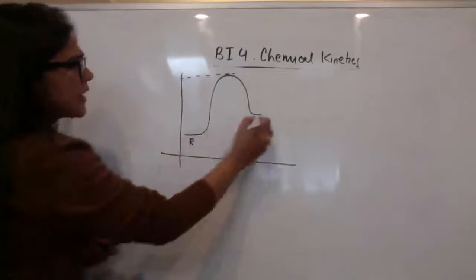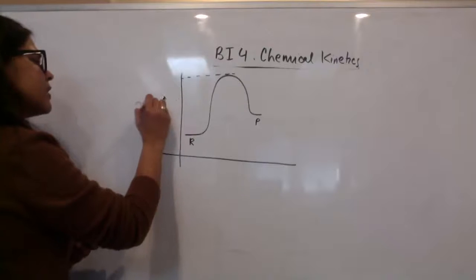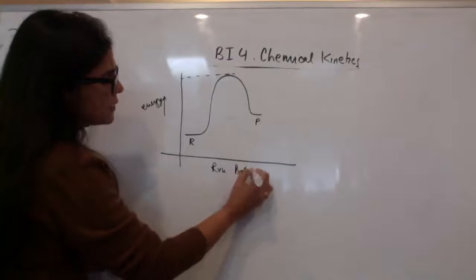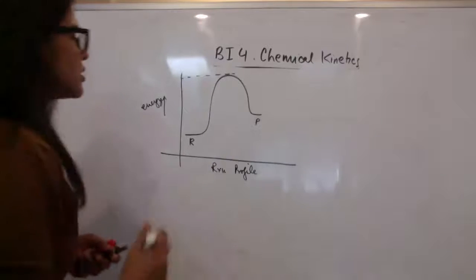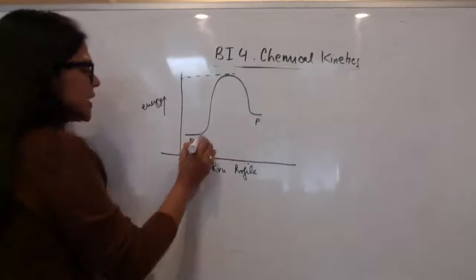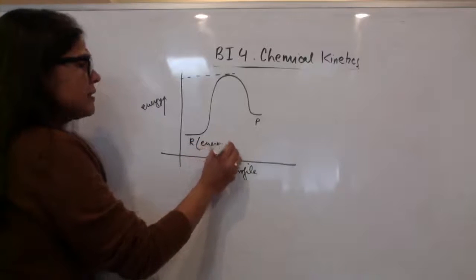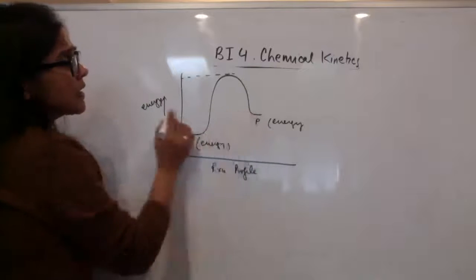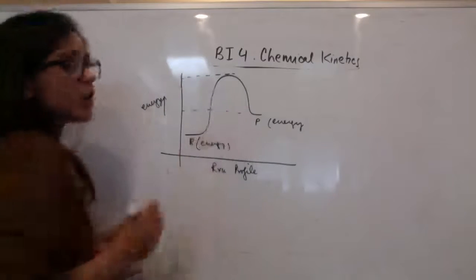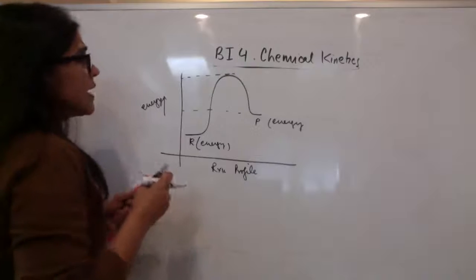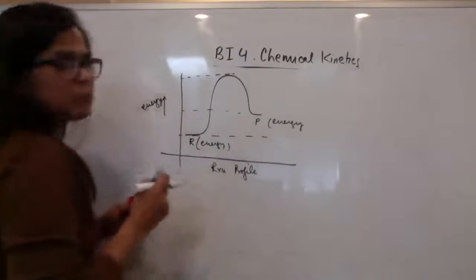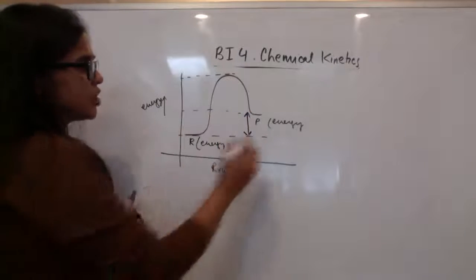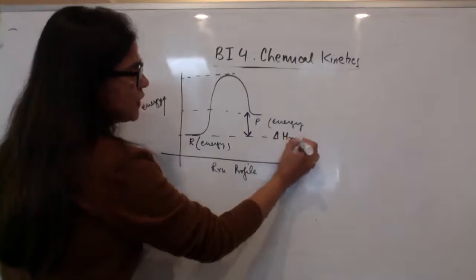If these are the reactants, these are the products, this is the energy on the y-axis, and this is the reaction profile as the reaction goes with time. This is the energy of reactants, and this is the energy of products. As you can see, the products are at a higher energy. So now, knowing thermochem, you can say that this is an endothermic reaction. The difference between product and reactant energy is called delta H of reaction.